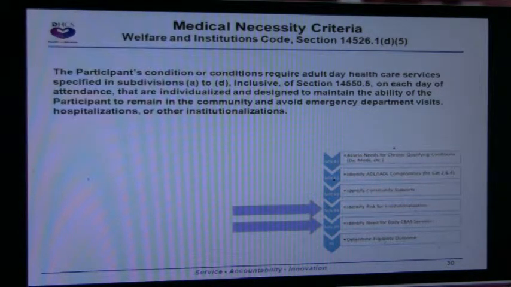Criteria number 5, the individuals who get approved for CBAS need to have an identified need for the services that are available in the CBAS center. And so this is the criteria that we're talking about under criteria number 5. Those are those core services, the professional nursing, the personal or social services, the therapeutic services, and the meal each day. I think I left one out.